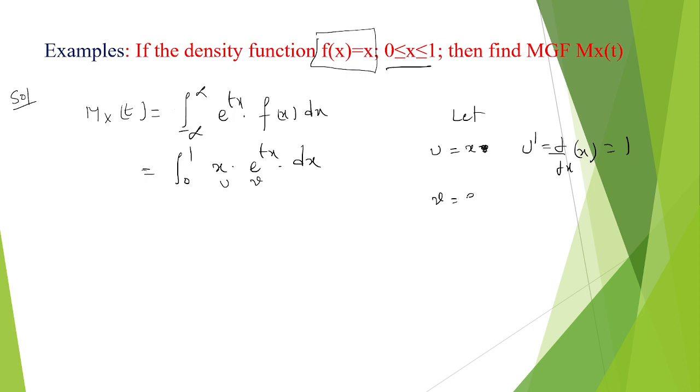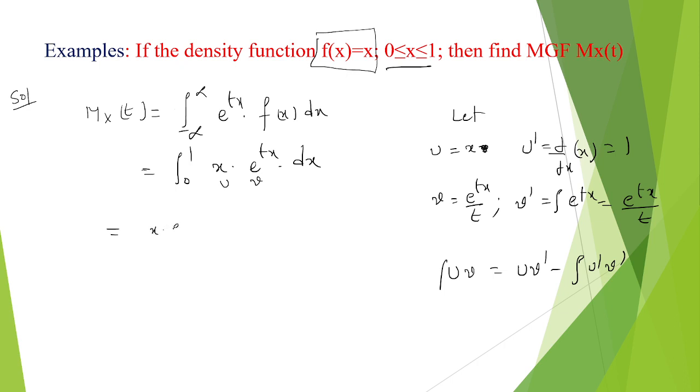Similarly, let v dash equal e^(tx), so v equals the integration of e^(tx), which is e^(tx)/t. Now, what is the UV formula? The integral of u v dash equals u v minus the integral of u dash v. Here u is x, and v dash is e^(tx).